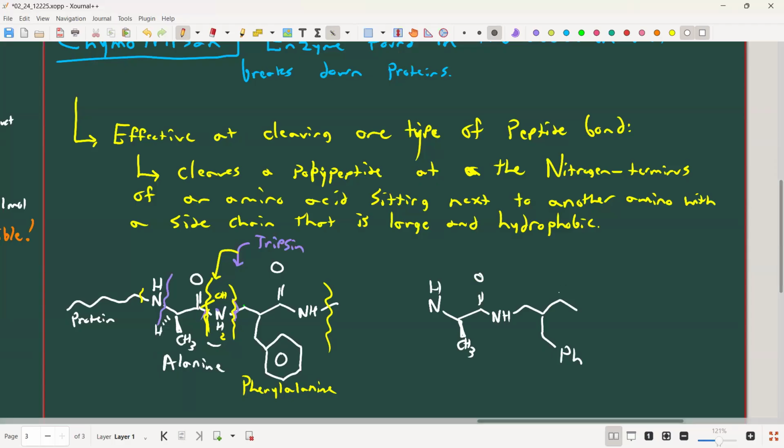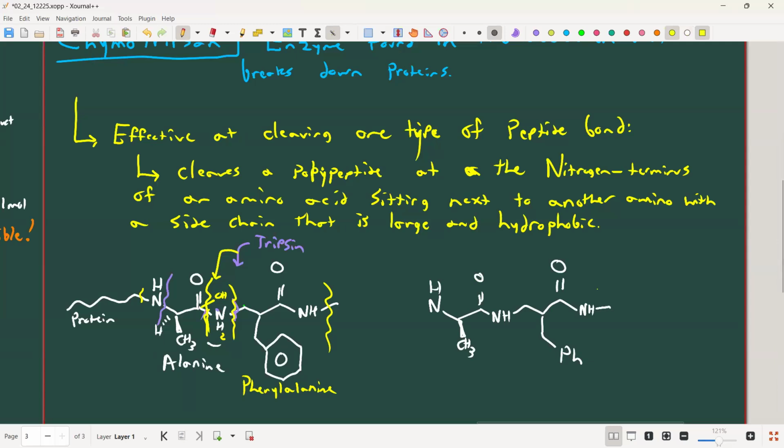Chymotrypsin usually cuts after aromatic rings rather than on. Oh, yeah, that's right, exactly. Got it.